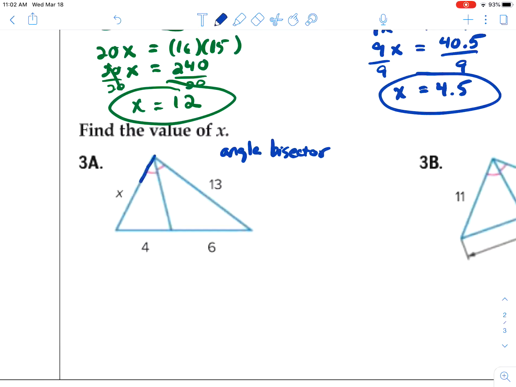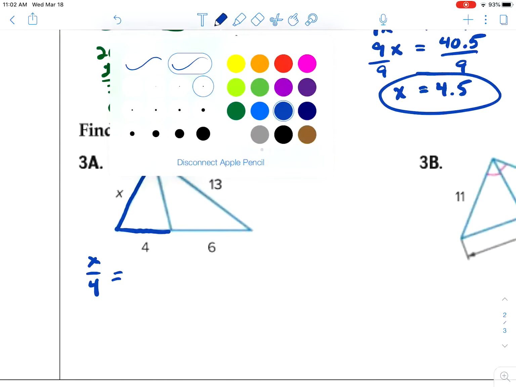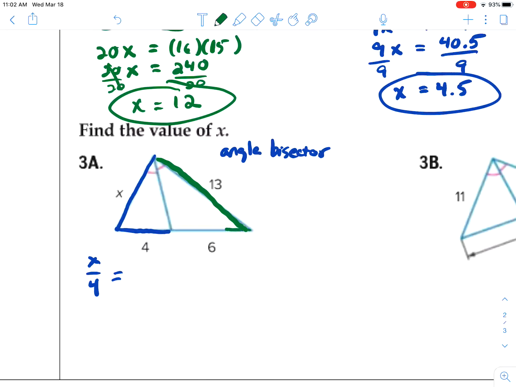So recall, the angle bisector separates the opposite side into proportional parts compared to the corresponding side. So if we have x over 4, for instance, that is going to be equal to, over on the other side, that corresponding side with that segment split by the angle bisector, 13 over 6.